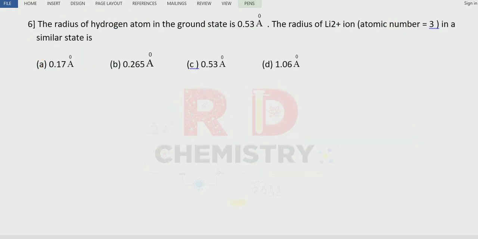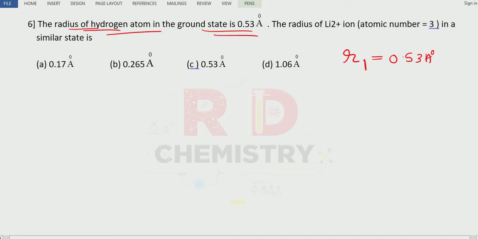Question number 6. Radius of the hydrogen atom in the ground state. Radius of the first shell is equal to 0.53 angstrom. So I can write the radius of the hydrogen atom itself as 0.53 angstrom. What is the radius of lithium 2 plus, other than hydrogen? So I'll write in general now.